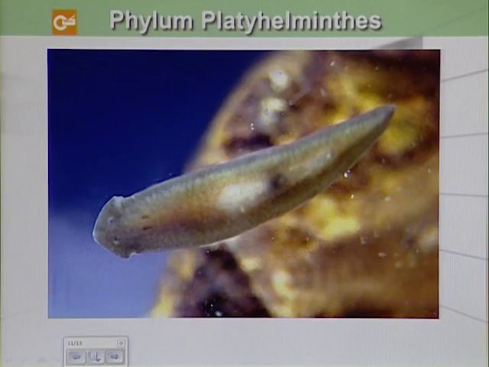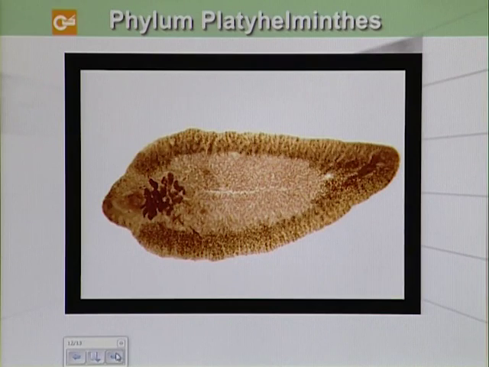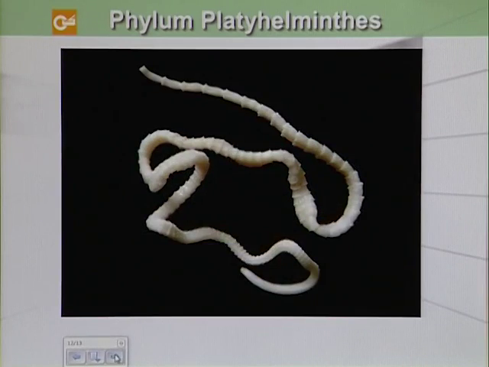The examples of this phylum include Dugesia, which is a free living flatworm, and then there is Fasciola, which is an endoparasite in sheep and occasionally in human beings, and it has suckers which are used for attachment to the host. And then we have another example, a tapeworm, and they are endoparasites of human and cattle, and we can see here that they consist of segments which are known as proglottids.